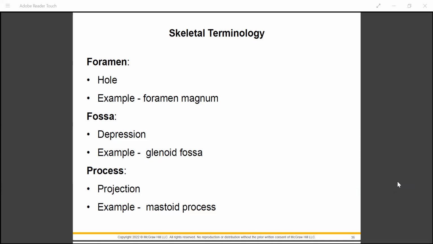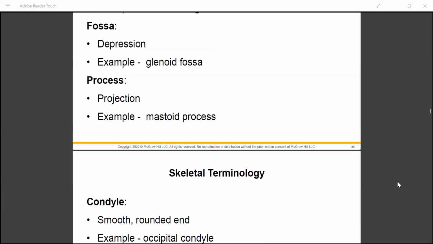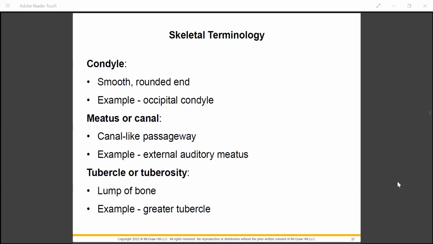A process is a projection. The mastoid process, if you poke behind your ears, is the part of your skull that sticks down into a point right behind both ears. That's your mastoid processes. A condyle is going to be something with a smooth, rounded end. A meatus or a canal is going to mean a canal-like passageway.